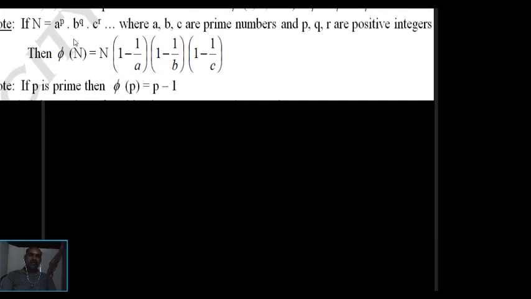Okay. Now, how to find phi of n? I will show you the formula.